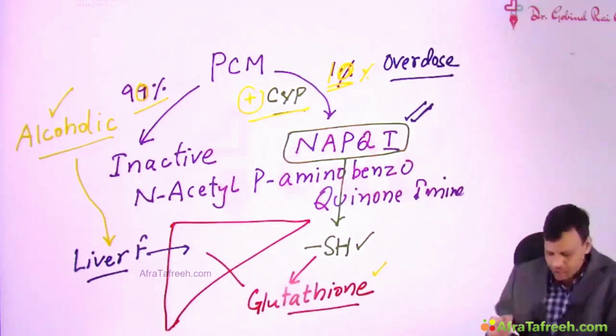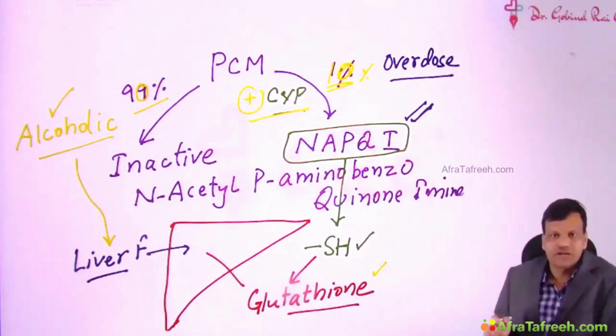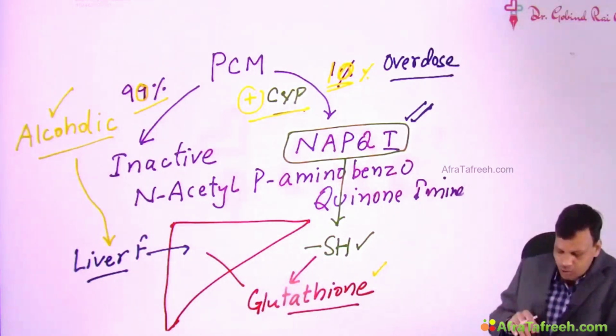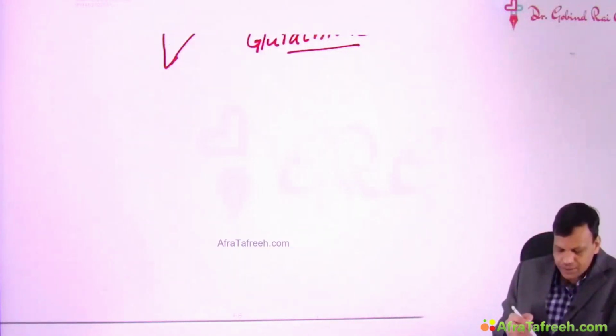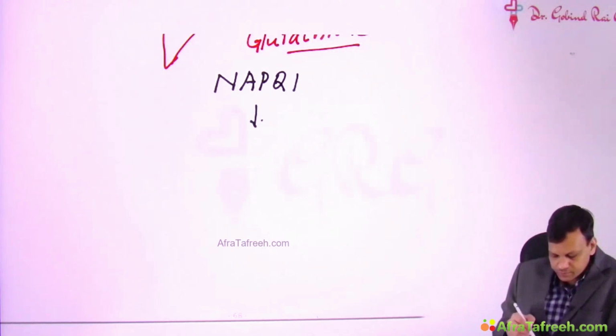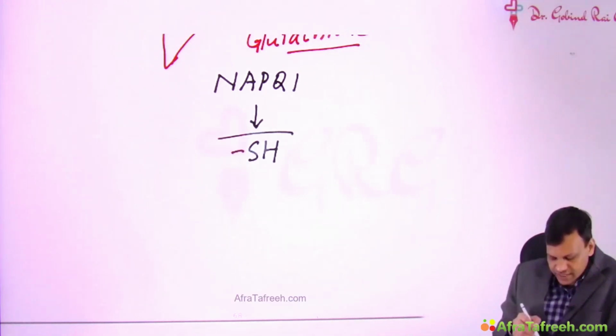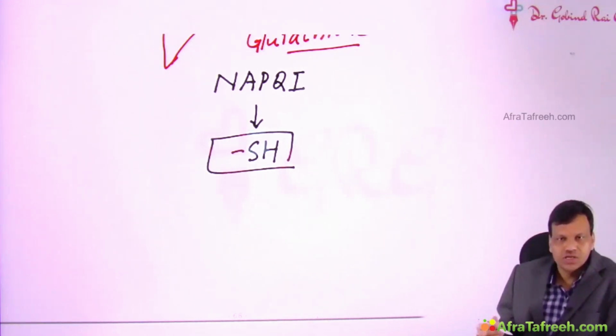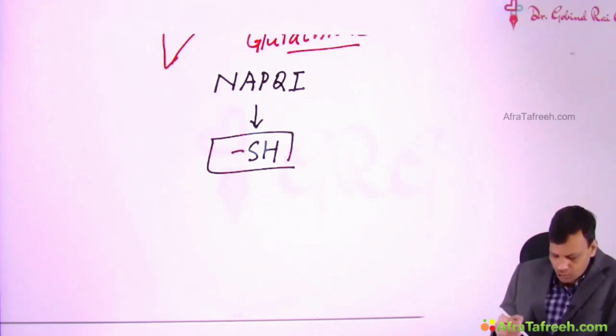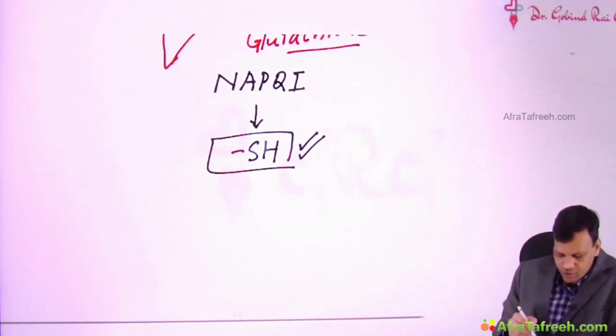And in overdose, paracetamol causes liver damage. So how to treat toxicity? Remember, the NAPQI is binding to sulfhydryl groups. So if we give sulfhydryl groups from outside, NAPQI will dissociate from the important biomolecules and we can reverse the poisoning. So how do we provide sulfhydryl groups from outside?